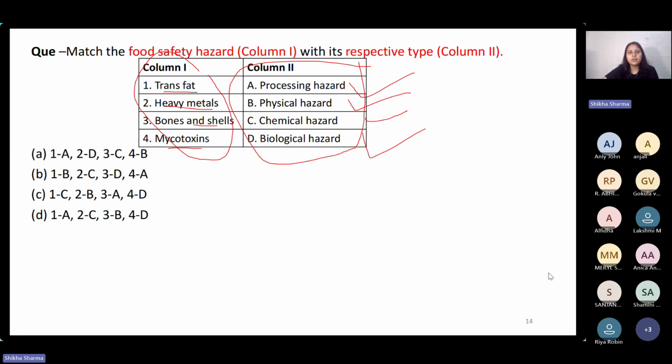We have different hazards like mycotoxins, bones and shells, heavy metals and trans fats. We need to tell which type each one comes under.